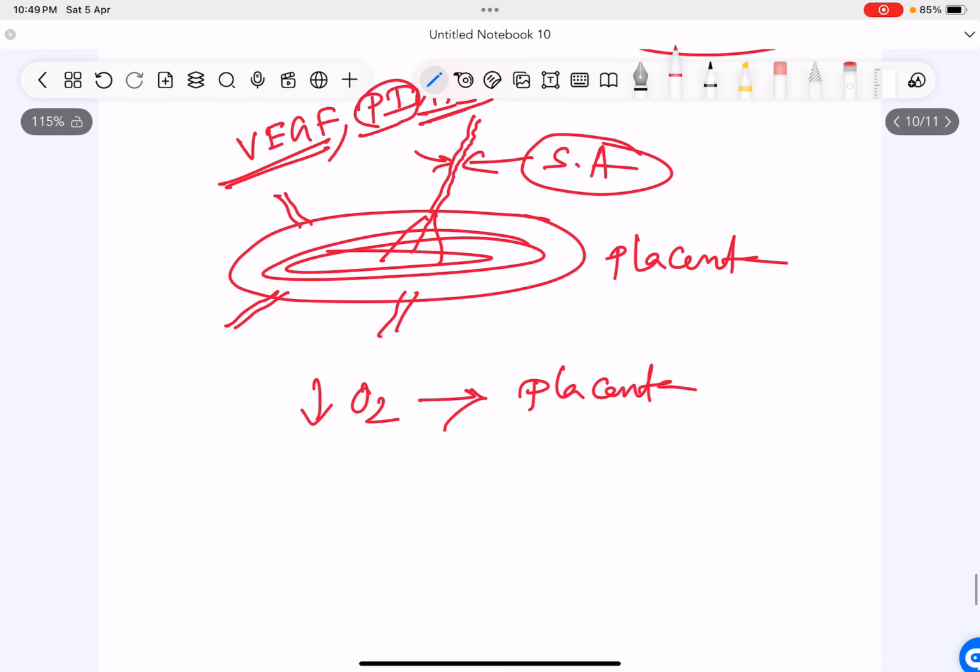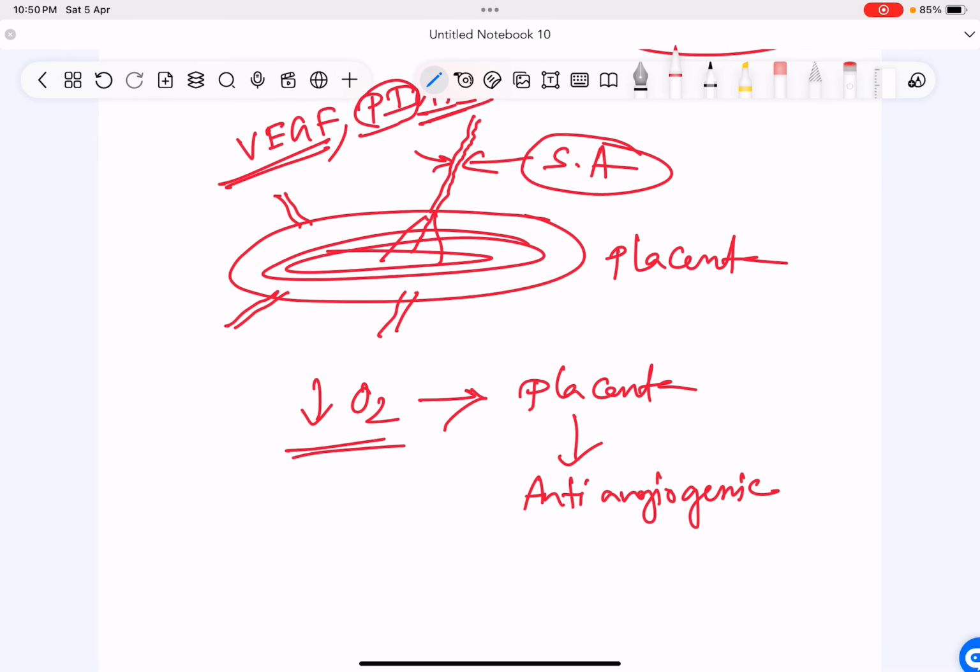Now this placenta is such a bastard, when it gets less blood supply it starts producing anti-angiogenic factors. You should produce angiogenic factors so that you get more blood supply, but when it gets less blood supply it wants more of less blood supply, it doesn't want more oxygen supply.